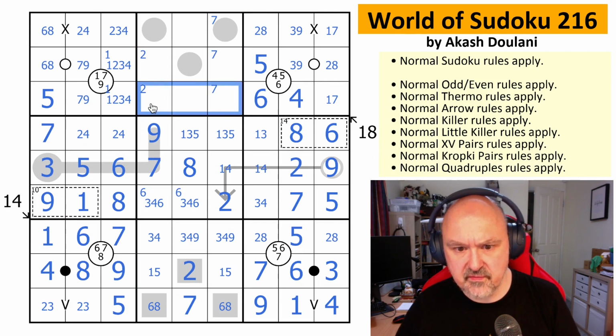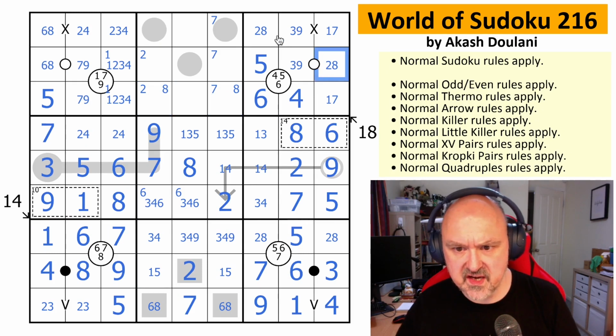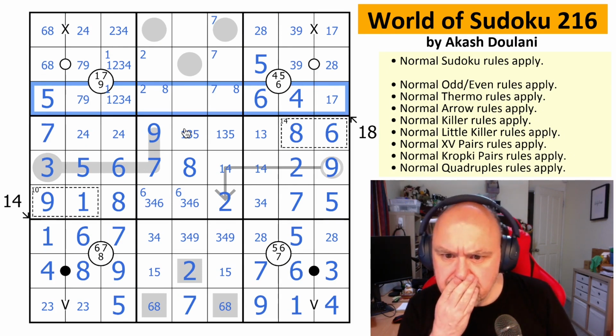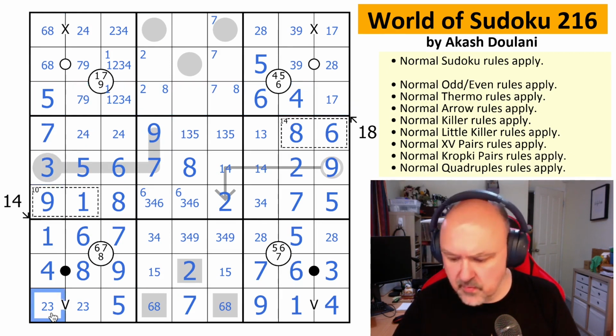Eights are in one of those 2. Because 8s are limited to those cells. I can't put 8s in that row. Oh, of course, this 3, what am I talking about?